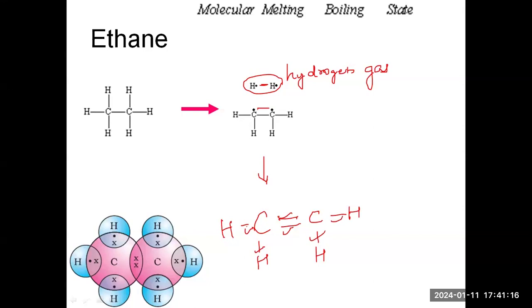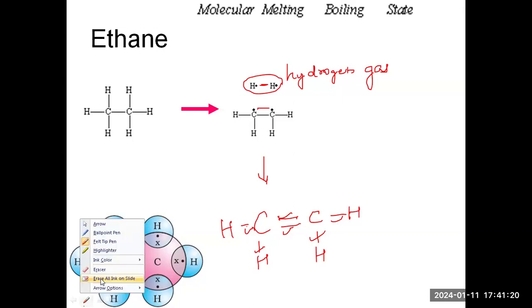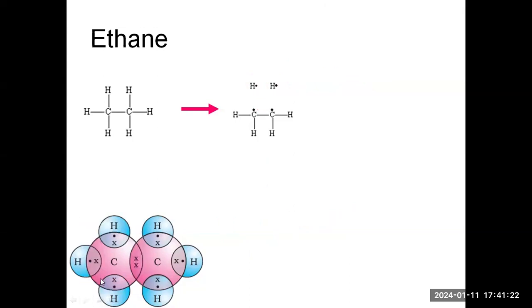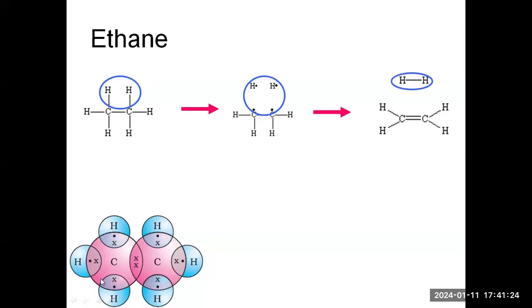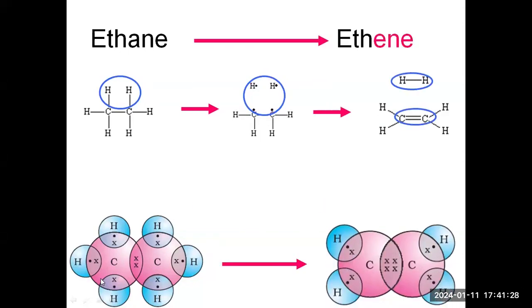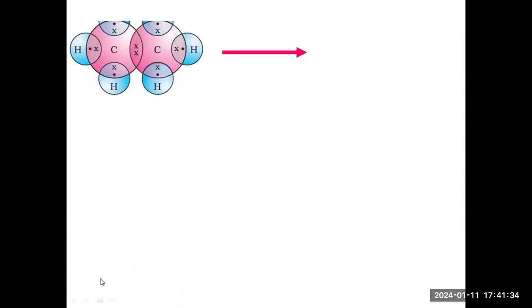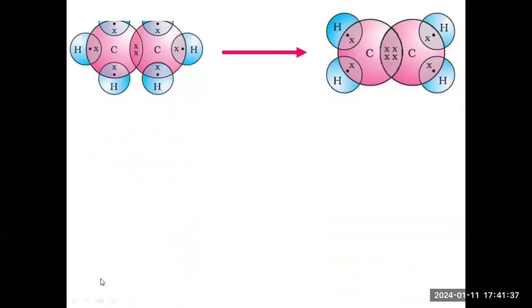So the valency is four for both of them. But now it is not ethane. It has converted to a double bond compound that is called ethene. So we can change ethane to ethene.